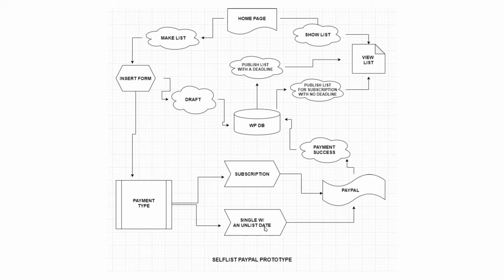But in case we have a single post with a deadline, then we take the same post ID and attach a time limit according to the form data that passes through. We send that to WordPress again, and this time we publish it, but we also attach a time frame. We schedule it so that the post gets published with a time frame attached to it.